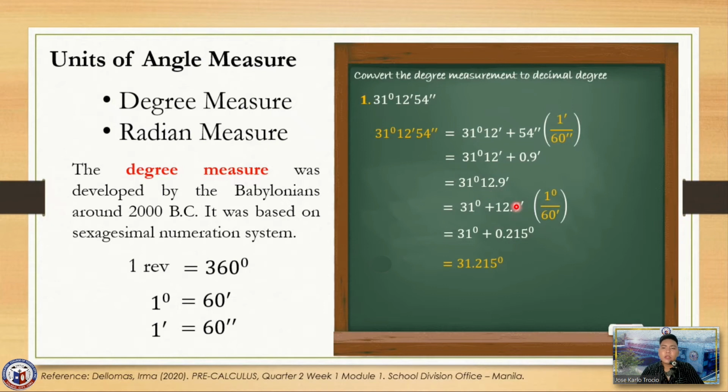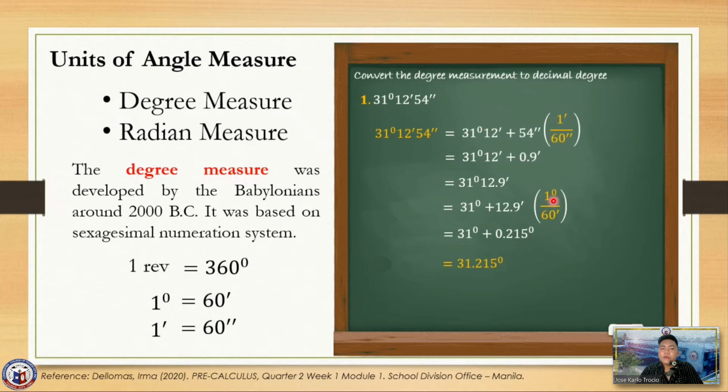So just a tip, we know that 1 degree is equivalent to 60 minutes, so 1 degree over 60 minutes, just like in conversion of liters and milliliters, you know that very well.